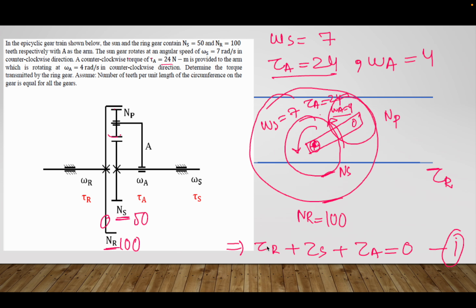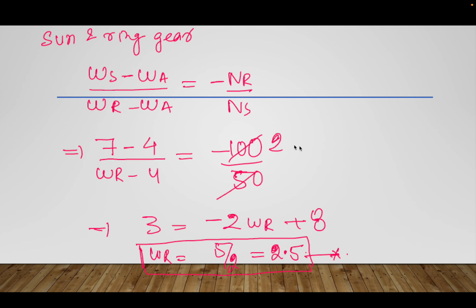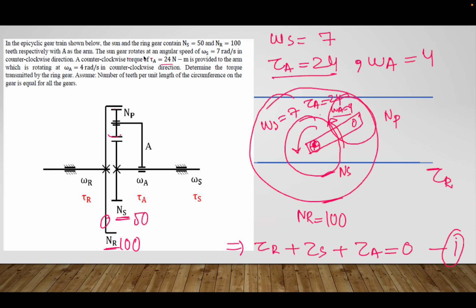So we are going to use the torque balance equation, that is tau r plus tau s plus tau a is equal to 0. Now tau a is given, so first we need to find the torque tau s. For the sun gear and planet gear, omega a, tau a, omega s, and ns are given, but np is not given.